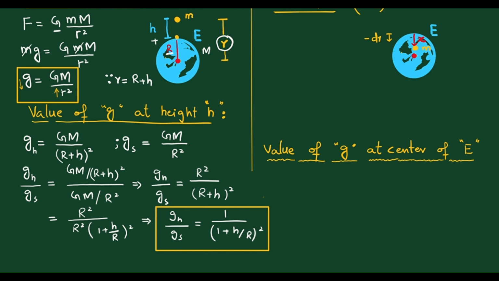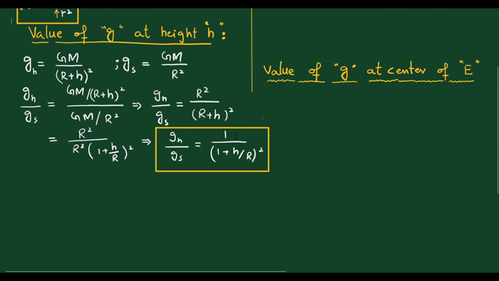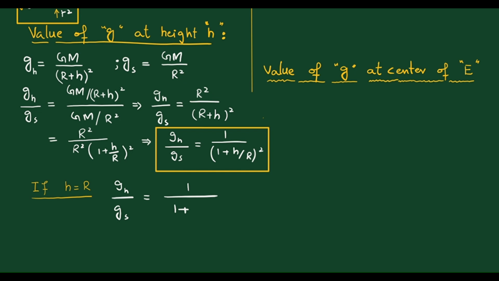If we take an example, if we go to a height h equal to the capital R, then g_h divided by g_s is equal to 1 divided by 1 plus h, that is capital R, divided by capital R, whole squared.